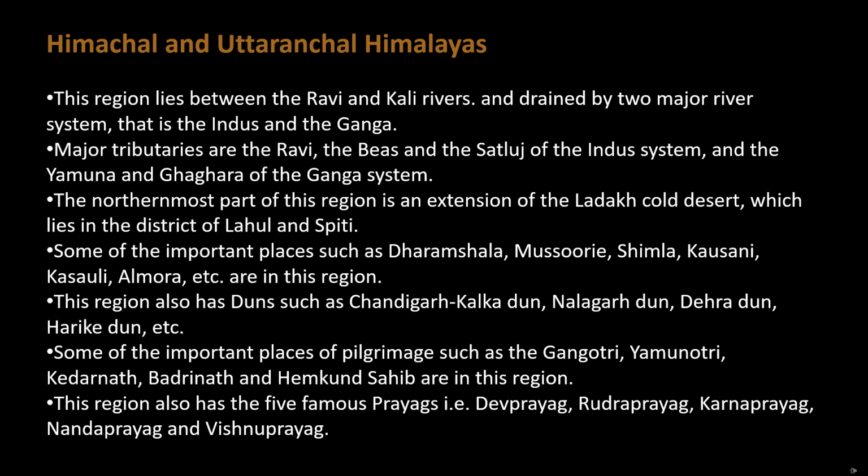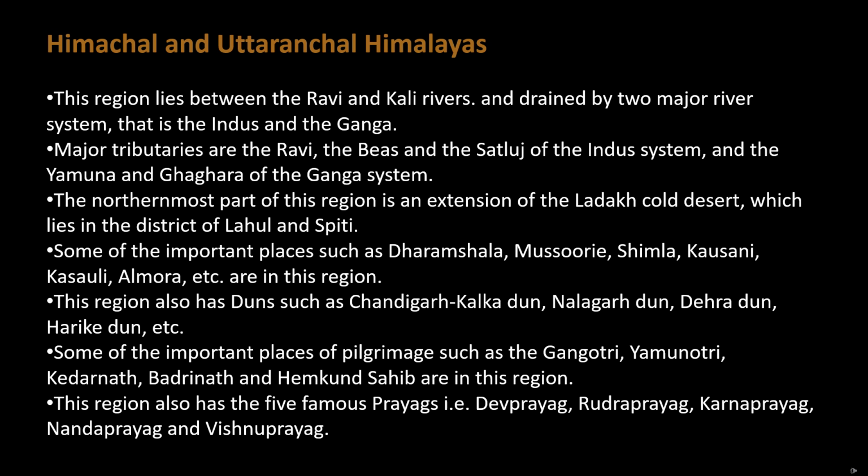Some of the important places such as Dharamshala, Mussoorie, Shimla, Kausani, Kasauli, Almora, etc. are in this region. This region also has duns such as Chandigarh Kalka Dun, Nalagarh Dun, Dehra Dun, Harka Dun, etc. Some of the important places of pilgrimage such as Gangotri, Yamunotri, Kedarnath, Badrinath and Hemkund Sahib are in this region.